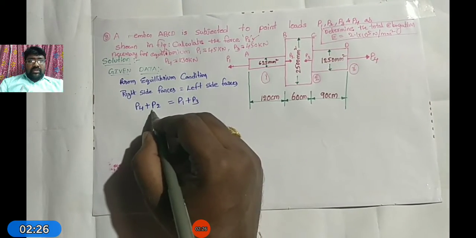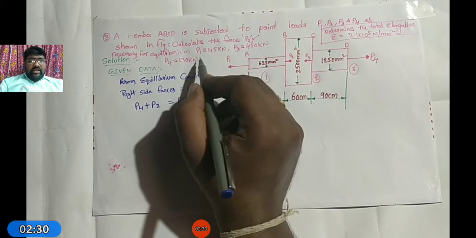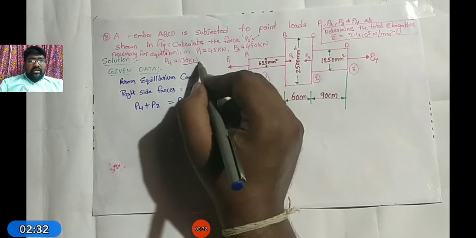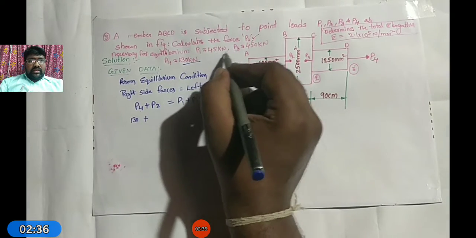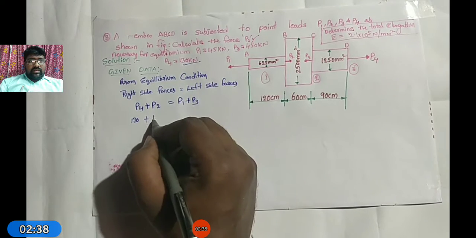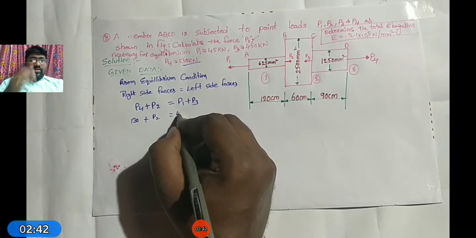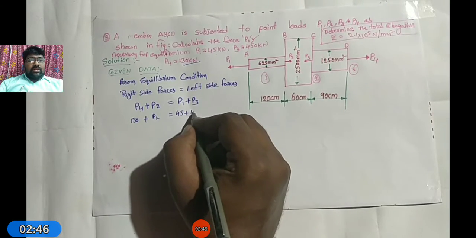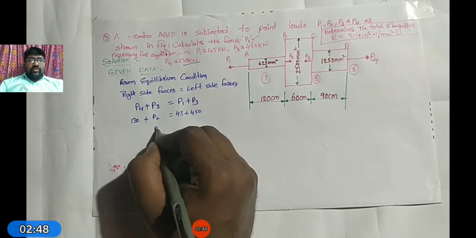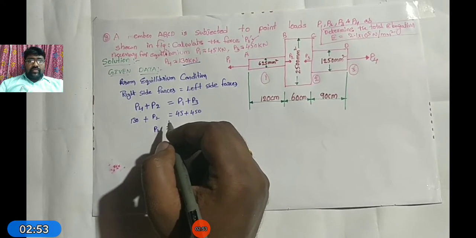The given P4 is 130 kilonewtons and P2 we need to calculate. Next, P1 is given as 45 kilonewtons. Next, P3 is 450 kilonewtons. From the above equation, we can calculate P2.